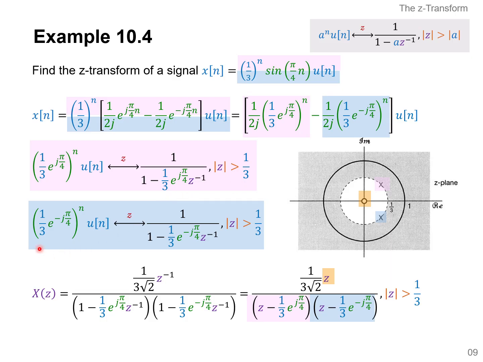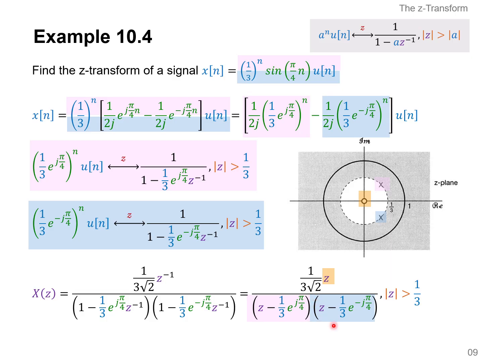For this term, the z transform also follows the same rule. The ROC is again the magnitude of z larger than 1/3. The z transform of the whole signal is the difference of those two terms. We can simplify it into a rational form with poles and zeros.